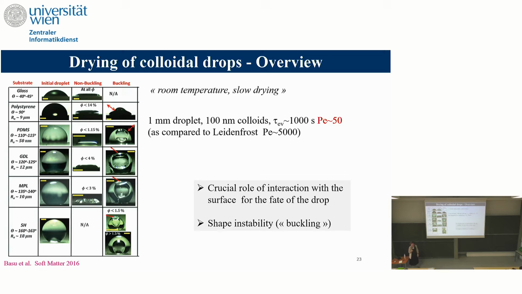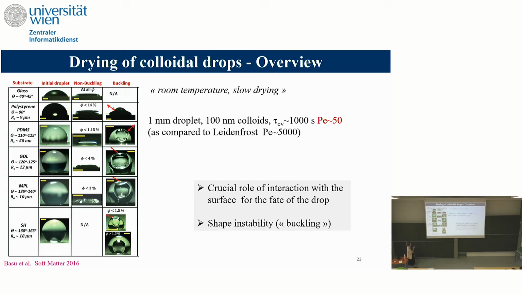Then there were a lot of people looking at the drying of colloidal drops on surfaces, essentially, because it's also important for patterning and for getting different things. So they look at all kinds of shapes you can have, or what results. And these people, Bazou and collaborators, made a summary of what can be observed with simple colloids, different volume fractions, and different substrates.